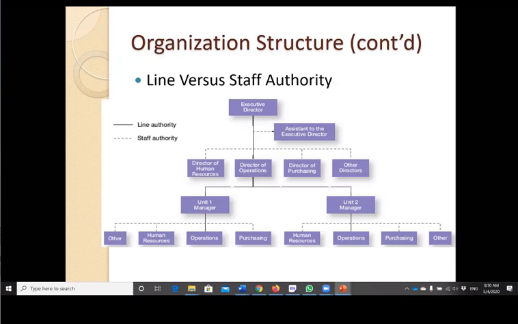For example, in this case, because you have only two units for operation, you should hire only a unit manager.